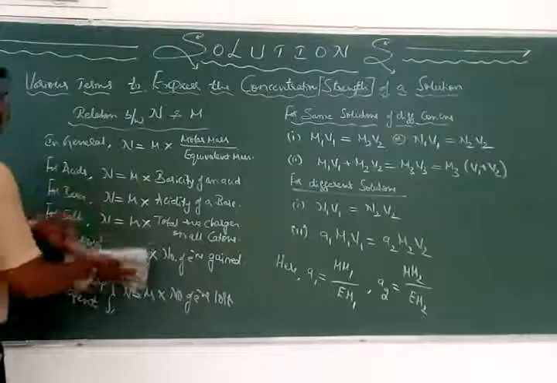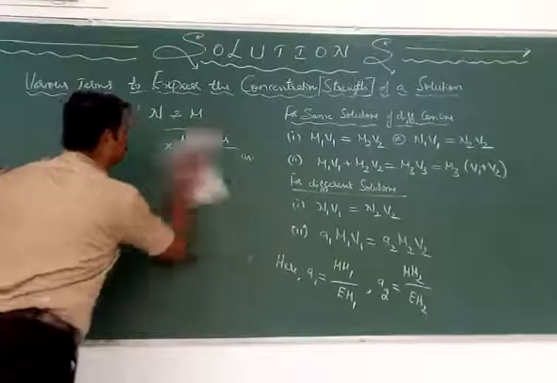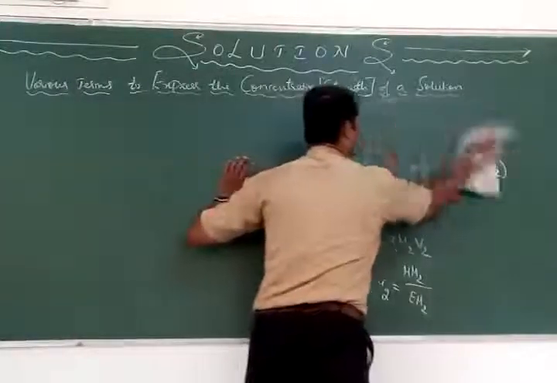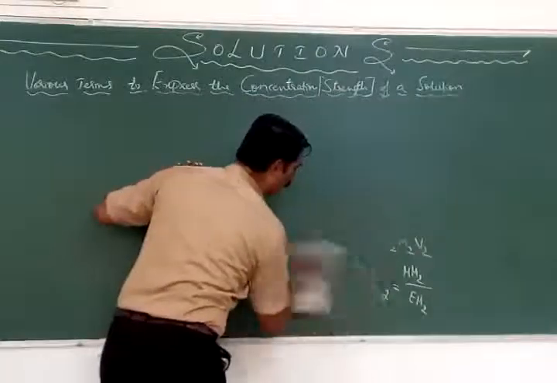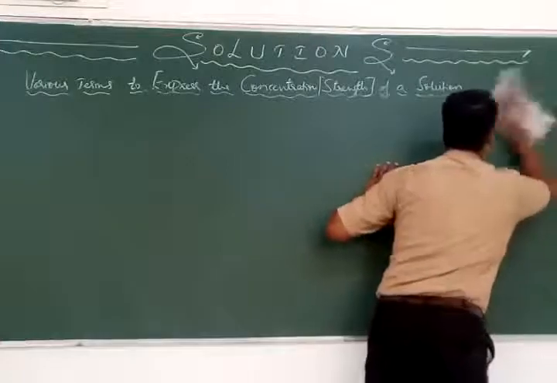Okay, let's move on to the fifth concentration term. After molarity as one category, we have normality and formality in the second set. Next we will move on to the fifth category.